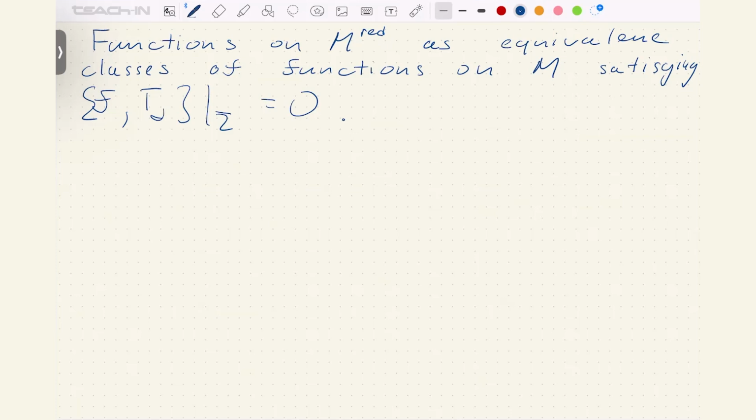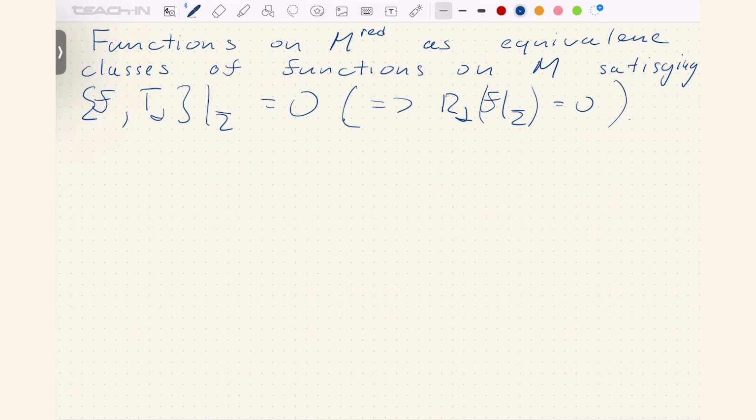So we want, of course, it is clear what this condition means, because this condition gives us that R_alpha acting on F restricted to sigma is 0. So this is an observable.